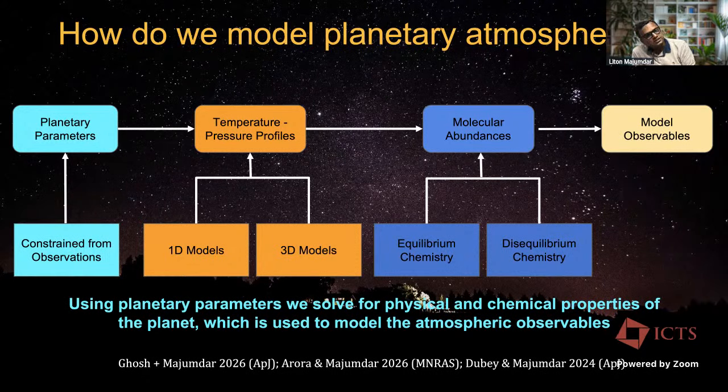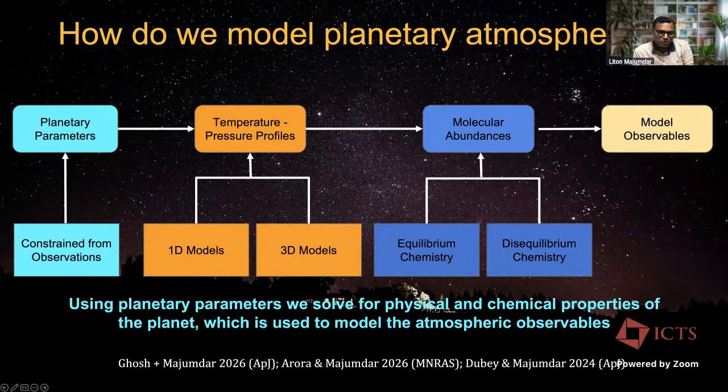And also you can generate your temperature pressure profile with several dynamical processes through general circulation models, GCM models, which are mostly in 3D and computationally more expensive. And then when you have your planetary parameters and your pressure temperature profiles, that becomes your initial input for calculations of the abundances of the different molecules that you are interested in.